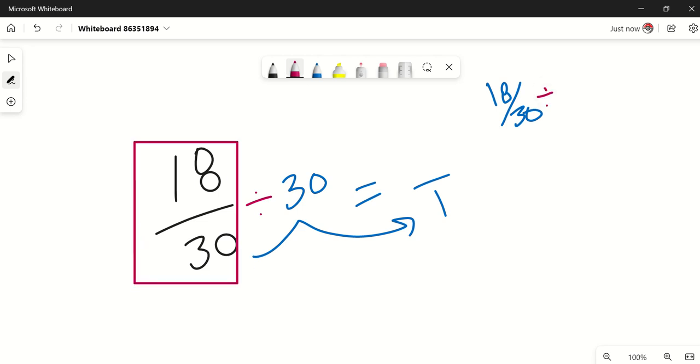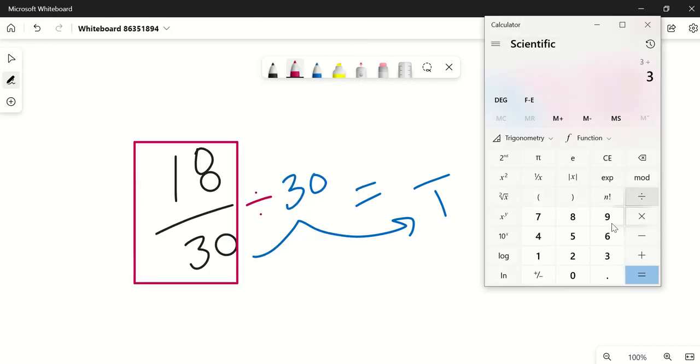And if I find a common factor of 6, the lowest one is going to be 3 over 5. 18 divided by 6 is 3. 30 divided by 6 is 5. It's still going to be 3/5 of a mile. It will not be a full number. So what I'm trying to say is when we try to find unit rate, it's not going to be totally even.